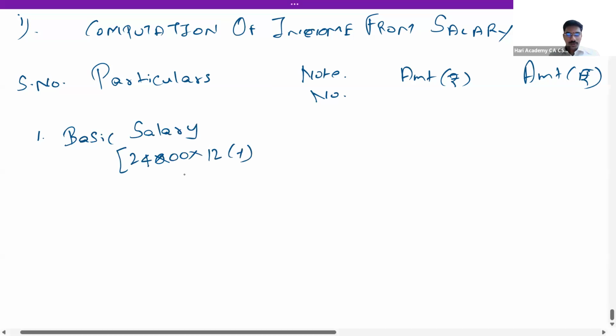So July, August, September, October, November, December, Jan, Feb, March, 9 months. So for 9 months, there is going to be an extra 1,000. So it is going to be 24,000 into 12, 2,40,000. Then this is going to be 48,000. Let me just put it here. Plus 9,000 equals.